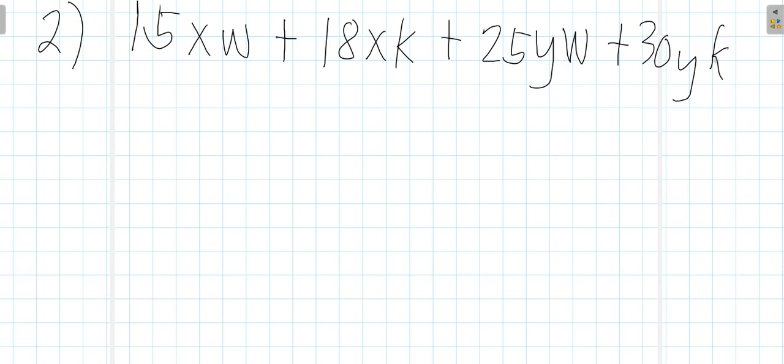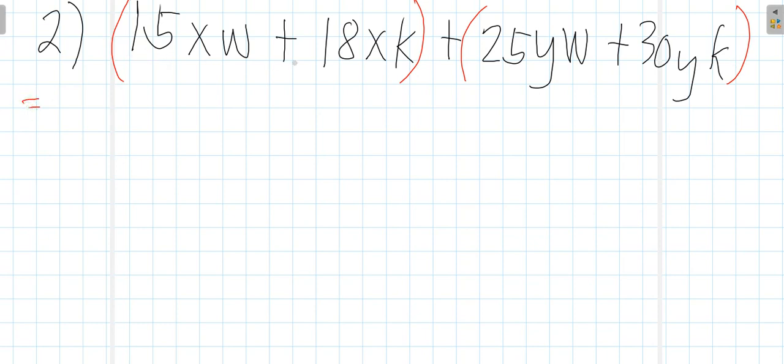Okay, first we have to group. We have here 15 and 18, and this one 25 and 30, the first and the second. Okay, so we have now the answer.